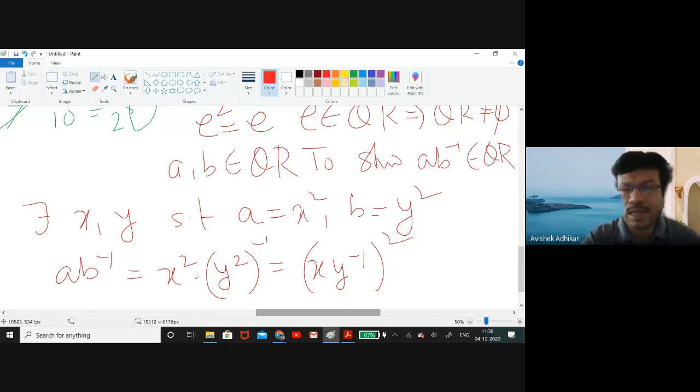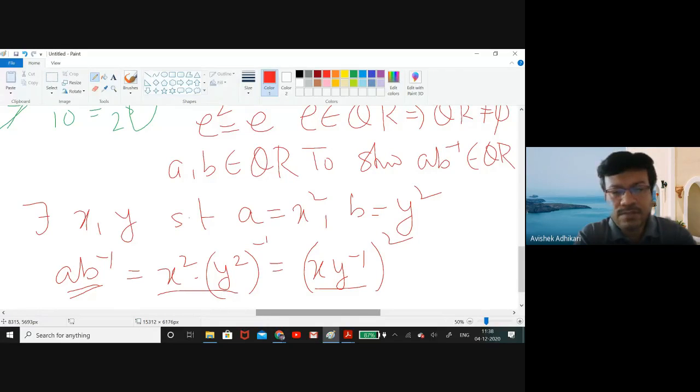By using the commutativity of the group G, you can suddenly write this as this. So this is nothing but the square of some element, because x y inverse belongs to G.